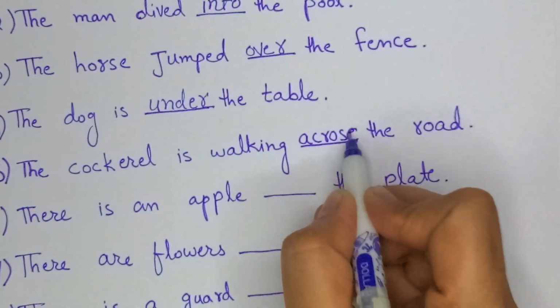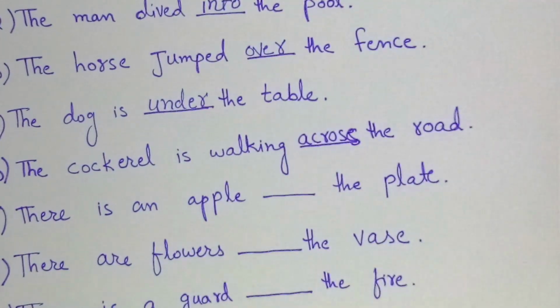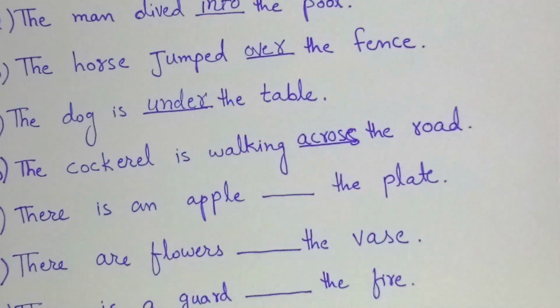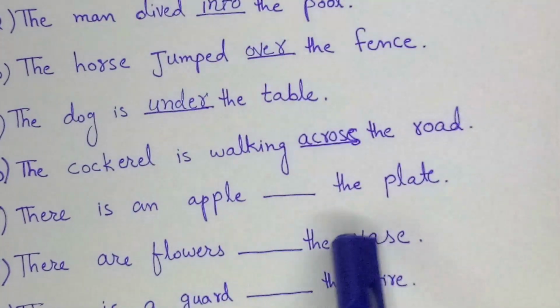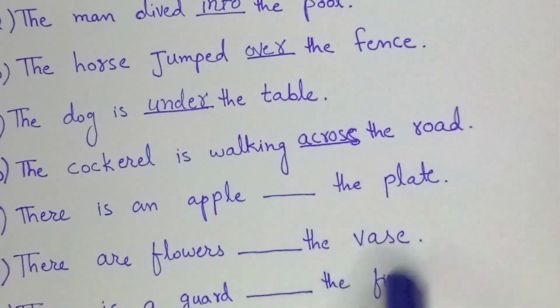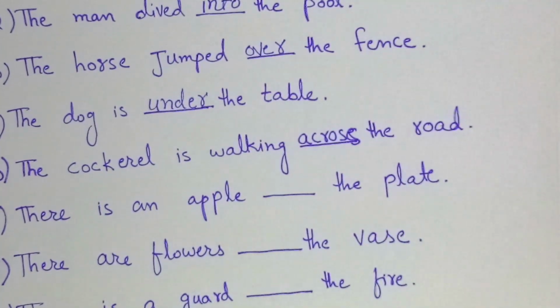Across means something that is on the other side of something, like moving from one side to another side. We have examples like across the city, across the lake, across another school, these kinds of examples.